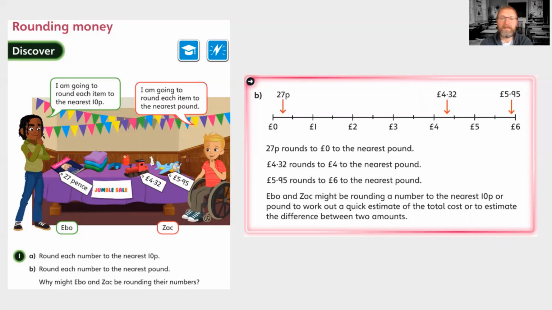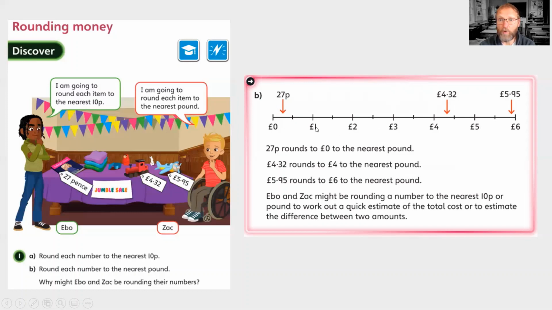So question 1B said round to the nearest pound. We've got the same numbers again, but this time we're going to round to the nearest pound. On our number line, we've got halfway, which is our 50 pence, and then we've got our whole pound. So it's 50 pence, £1, £1.50, £2, £2.50, £3, £3.50, £4, £4.50, £5, £5.50, £6.